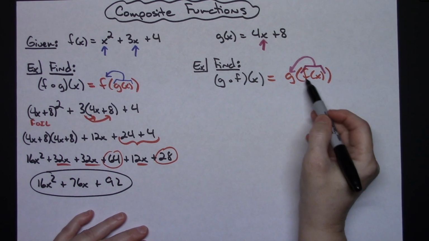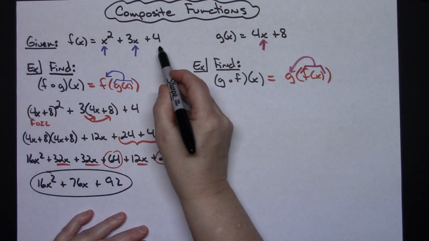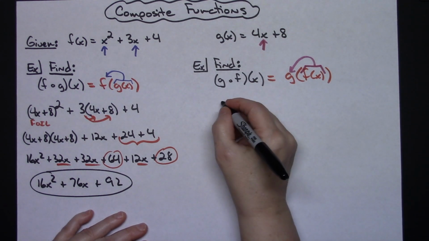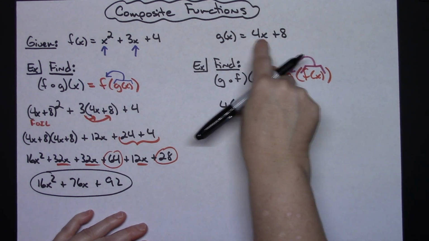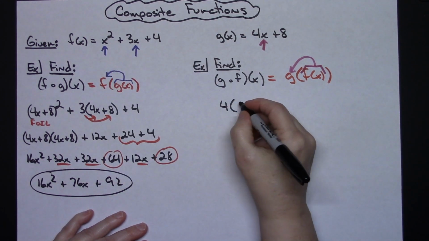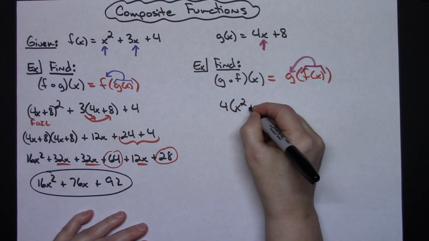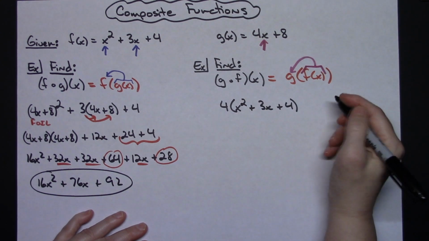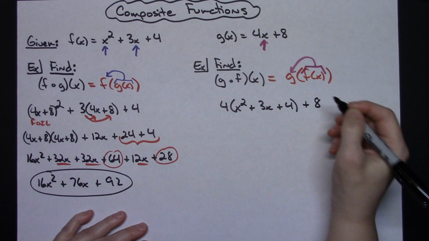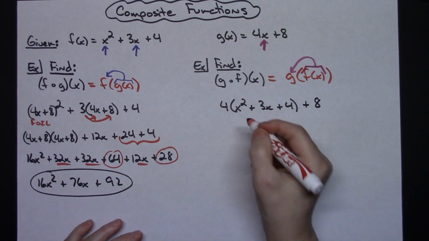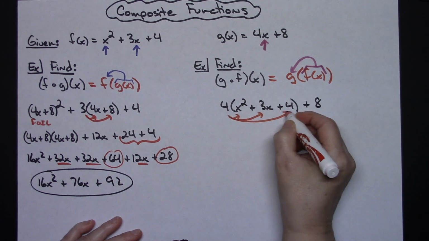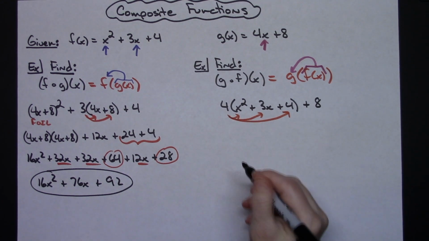I'm going to take my f function, which is this trinomial, and put it inside the g function in that location. So I'm going to start with the 4. I'm going to replace the x with the f function, so x squared plus 3x plus 4. I'm going to finish writing that g function with a plus 8. The only simplifying here is going to be to distribute that 4, and then combine some like terms afterwards.